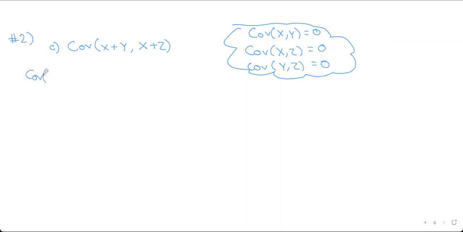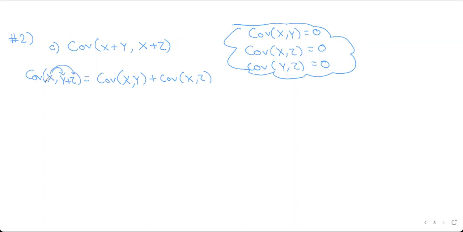In your notes, it's written as the covariance of x and y plus z is the covariance of x, y plus the covariance of x, z. The way I like to think about this is you're pairing each variable with each other, right?